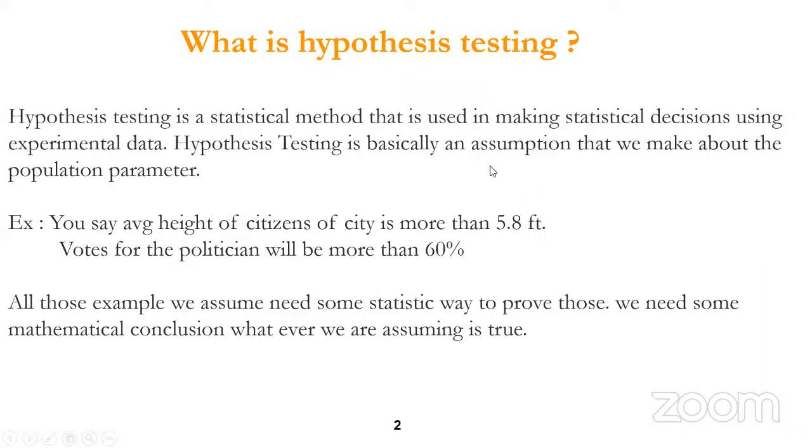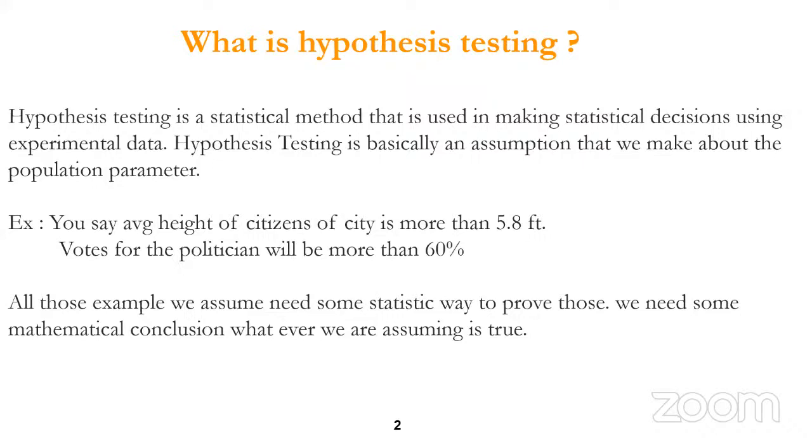It's basically an assumption that we make about the population parameter. Population parameter is nothing but your complete data, and a parameter can be a mean value or a standard deviation. So for any calculation performed on your population, we'll consider those parameters for the comparison while making decisions by applying hypothesis testing.